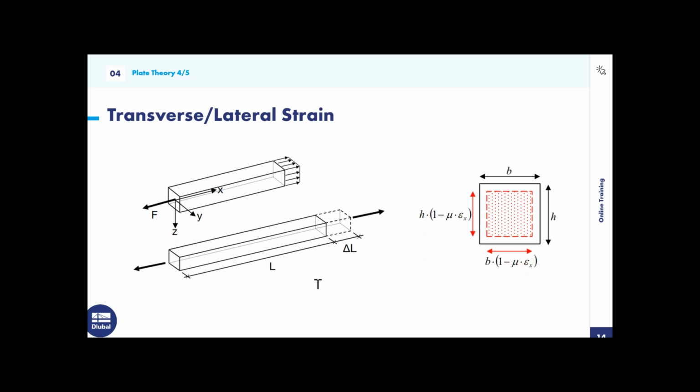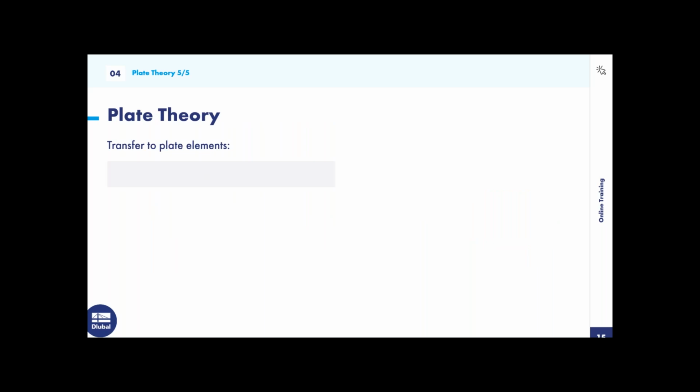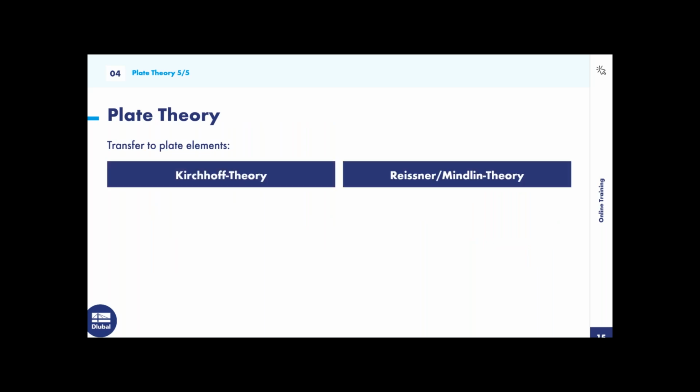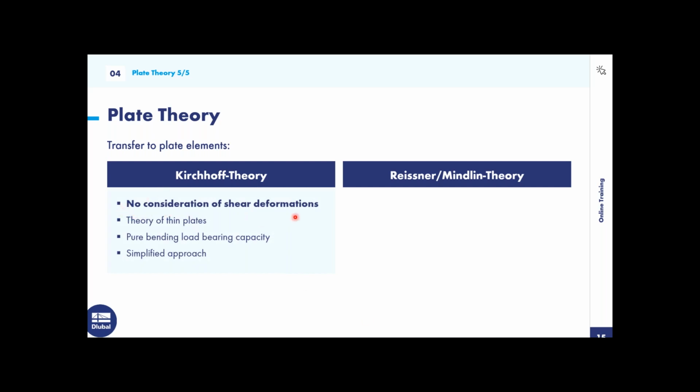And so just to reiterate, the Kirchhoff theory does not consider shear deformations. And it yields great results when using very thin plates, for example, concrete slabs. And you also have to keep in mind that it only considers pure bending, load-bearing capacity, and it's also considered a simplified approach.